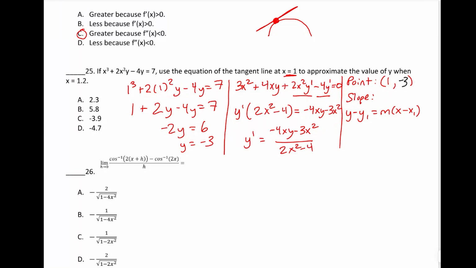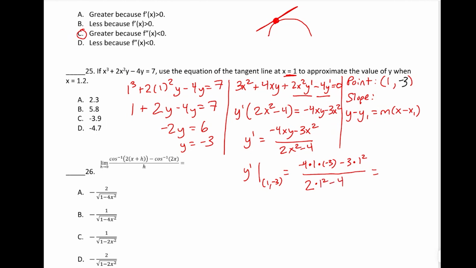Okay, whew, that took a lot of algebra. So now we can find the slope at 1 comma negative 3. So we have negative 4 times 1 times negative 3 minus 3 times 1 squared over 2 times 1 squared minus 4. Let's see if we can simplify that.